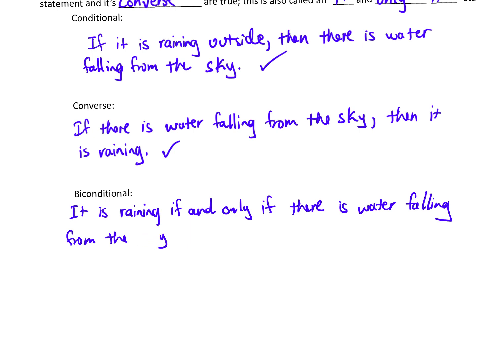And you must have the if and only if in a biconditional statement.